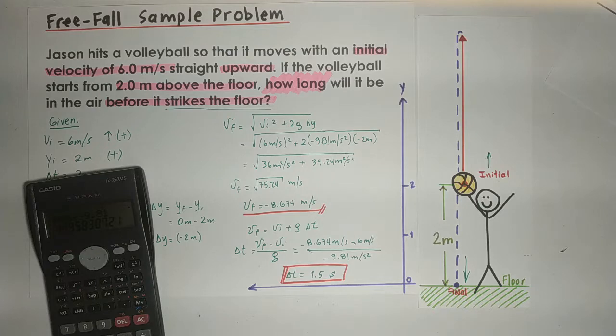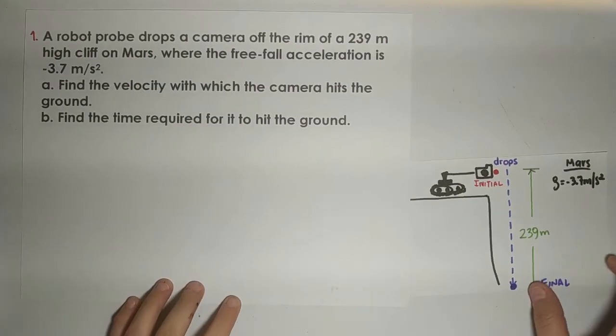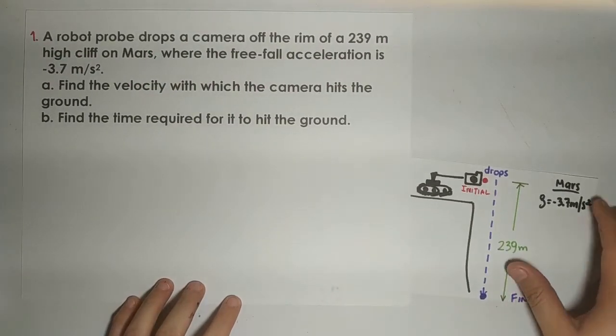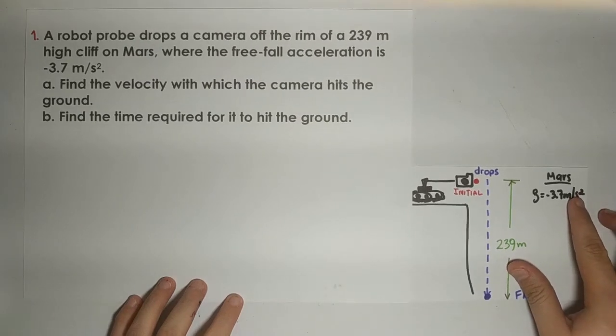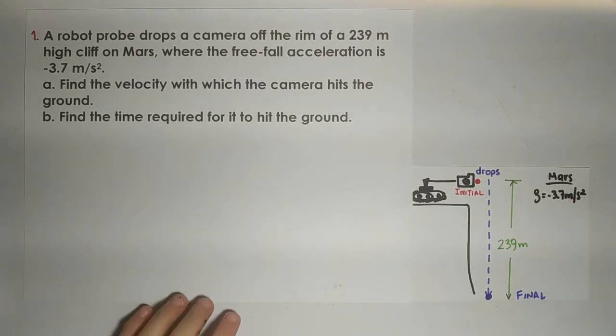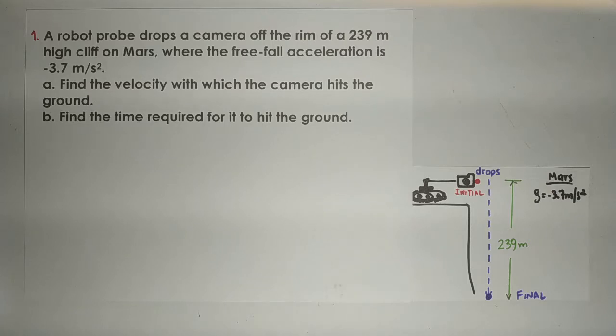Let's do one more example. A robot probe drops a camera off the rim of a 239 meters high cliff on Mars, where the free fall acceleration is negative 3.7 meters per second squared.